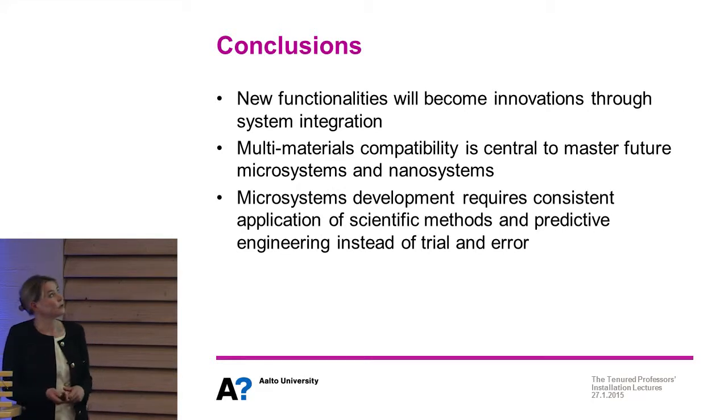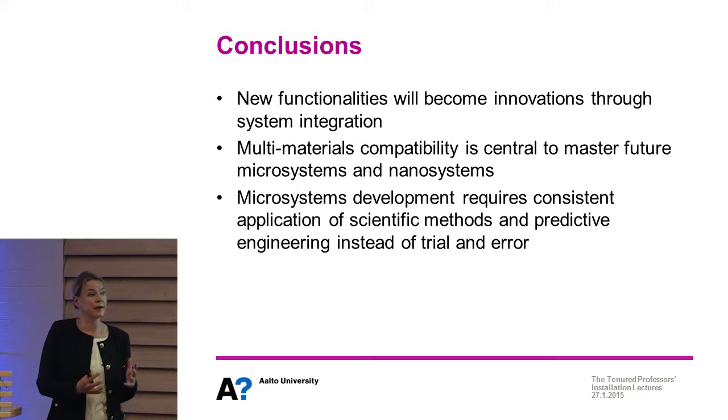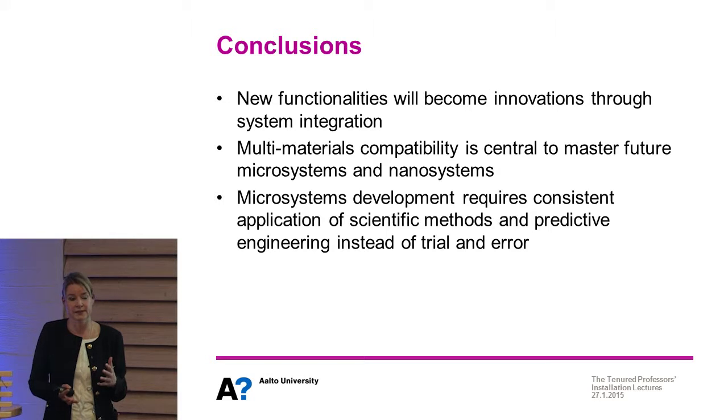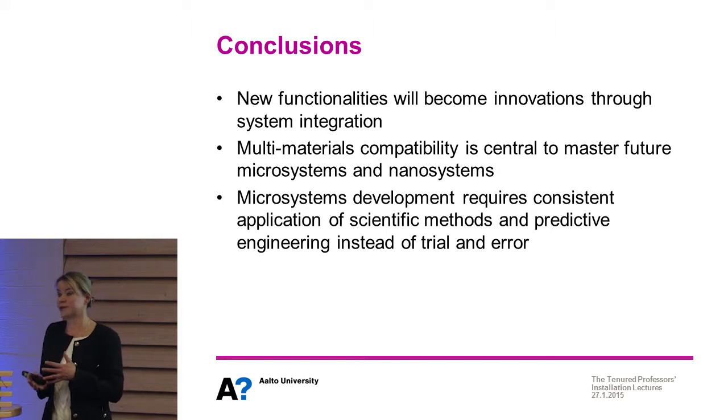So with that, my conclusions. There are quite interesting new materials, and also very interesting studies on two-dimensional materials, such as graphene. But in order to make those into innovations, they have to be integrated with something.